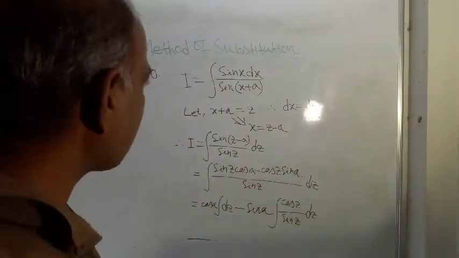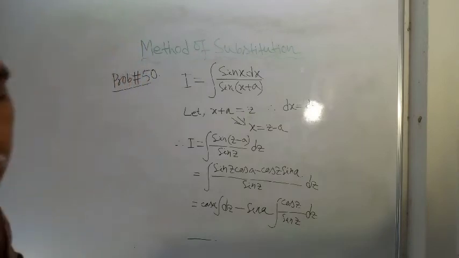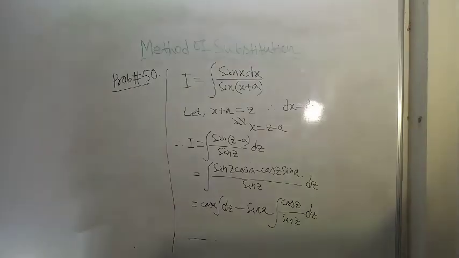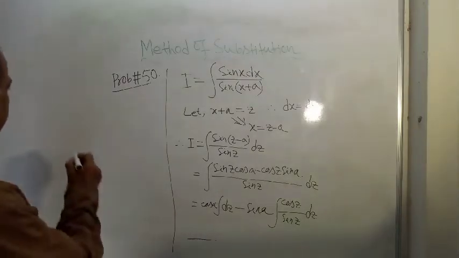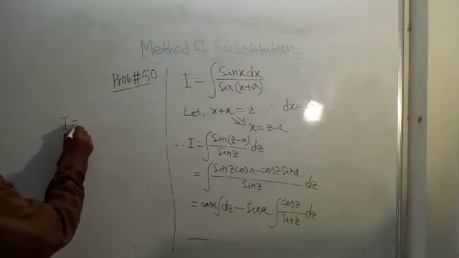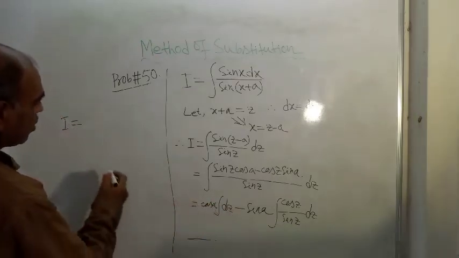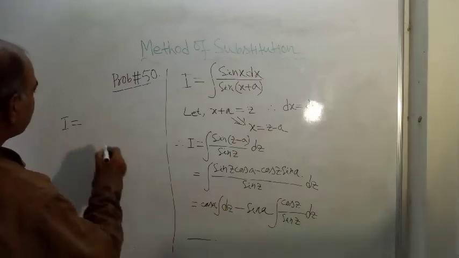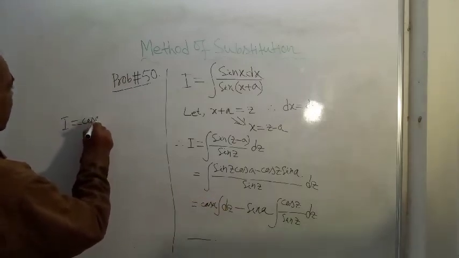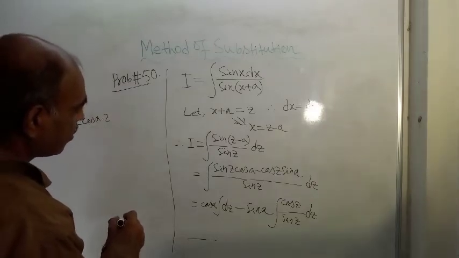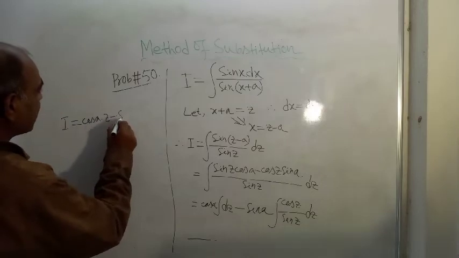So in the next line, is the left portion visible or not? Yes, the left portion is also visible. Here also I can do the rest of the problem. Next line, I am writing, therefore I becomes cos a times the integral of dz, so cos a into z, and minus sin a.